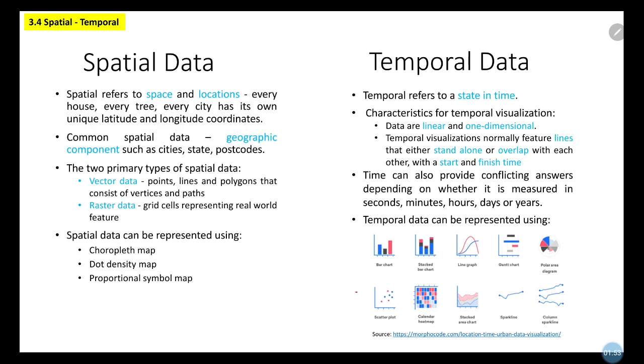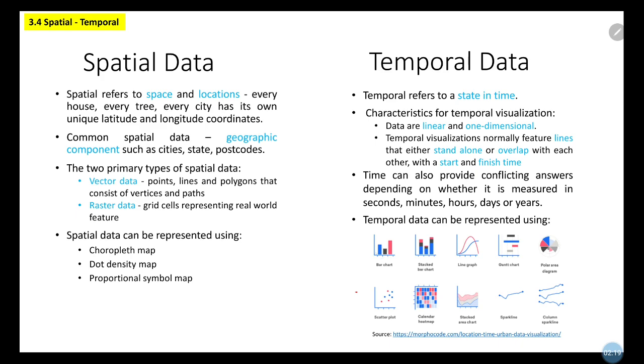And as we know, time can also provide conflicting answers depending on whether it is measured in seconds, minutes, hours, days, or even years. And this temporal data can be represented using various types of chart representation. For example, we can use bar chart, as long as we have the element of time on one of the axis.